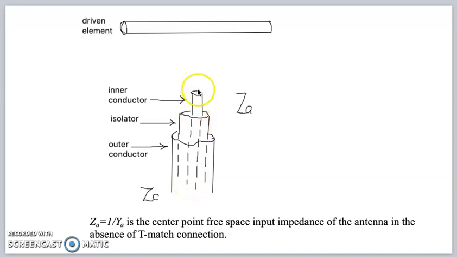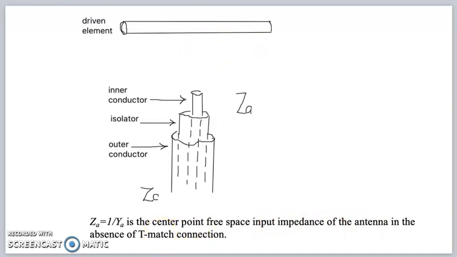Now, if you measure at this cable impedance without having any structure in between, from this antenna structure to here, looking at this driven element, that impedance we call ZA. It basically means the center point free space input impedance of the antenna without any structure.